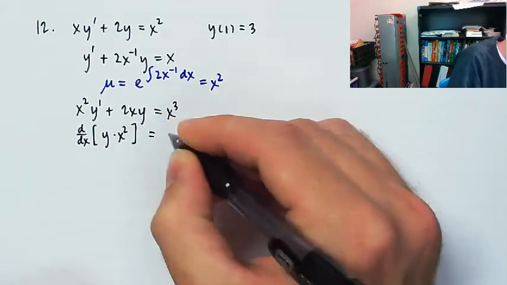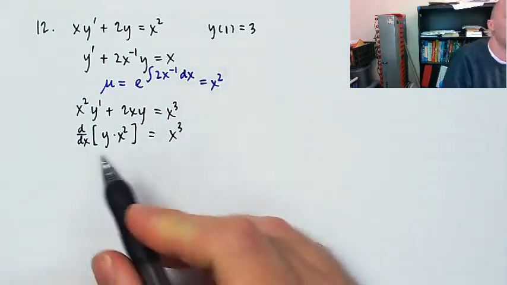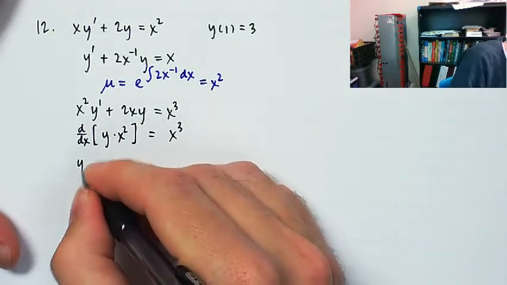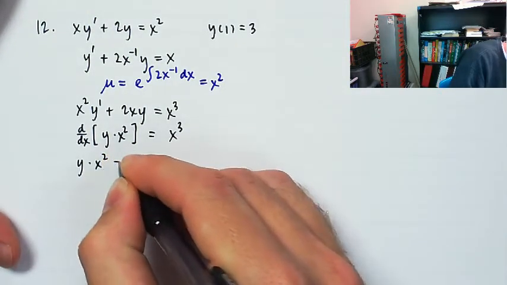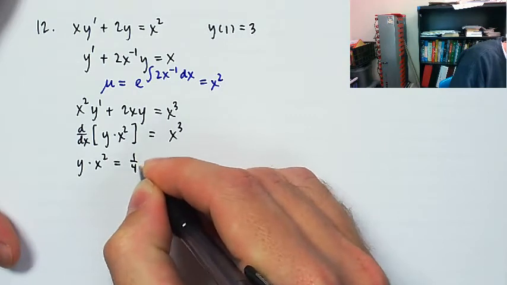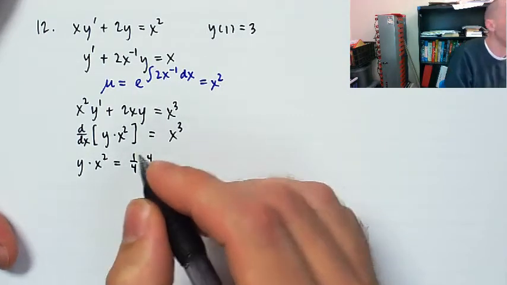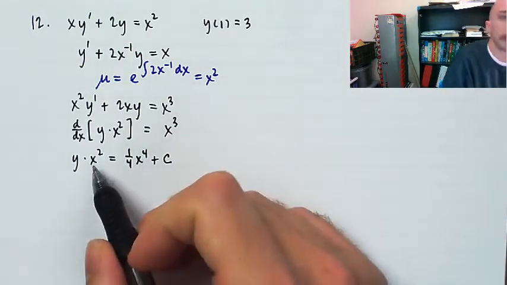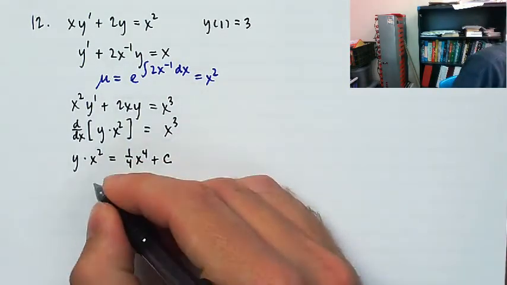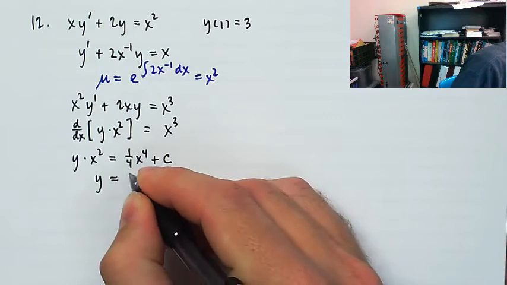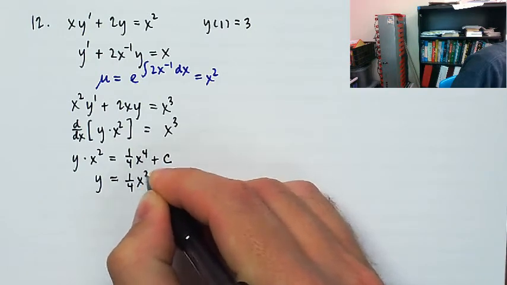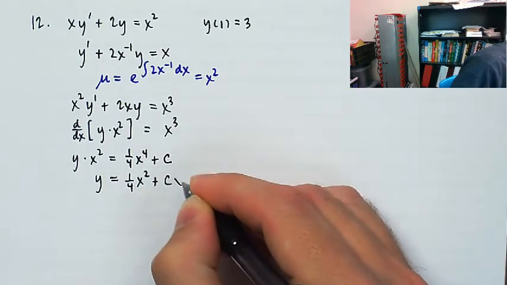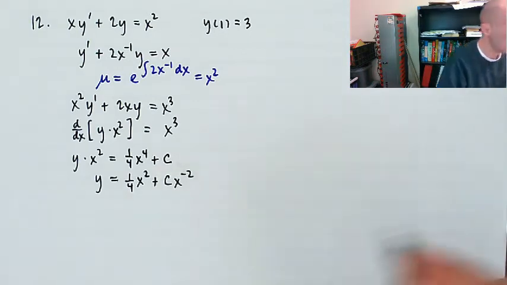I can anti-differentiate both sides. And then I can divide by x squared, and I'll say y equals 1/4 of x to the 2 plus c x to the negative 2.